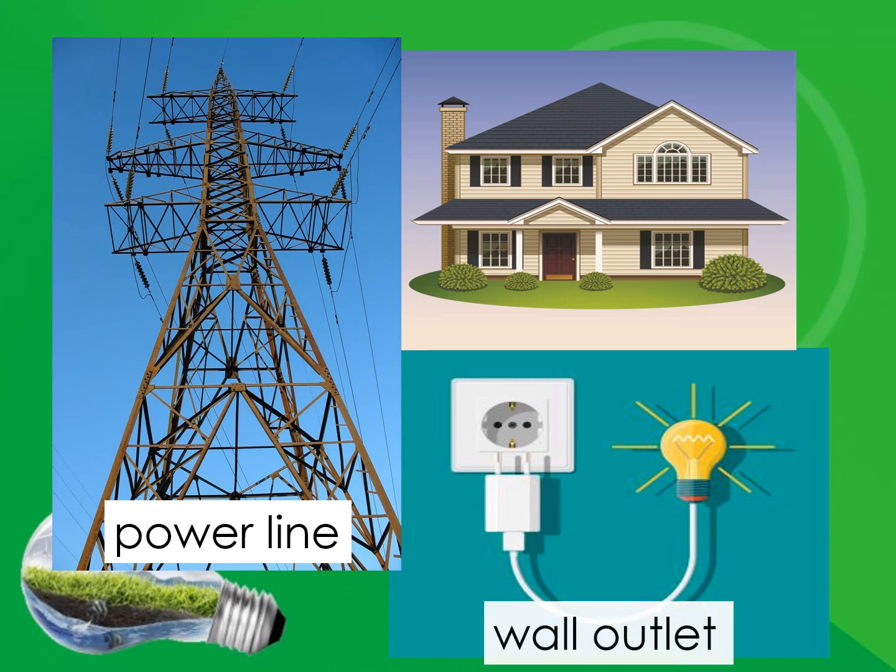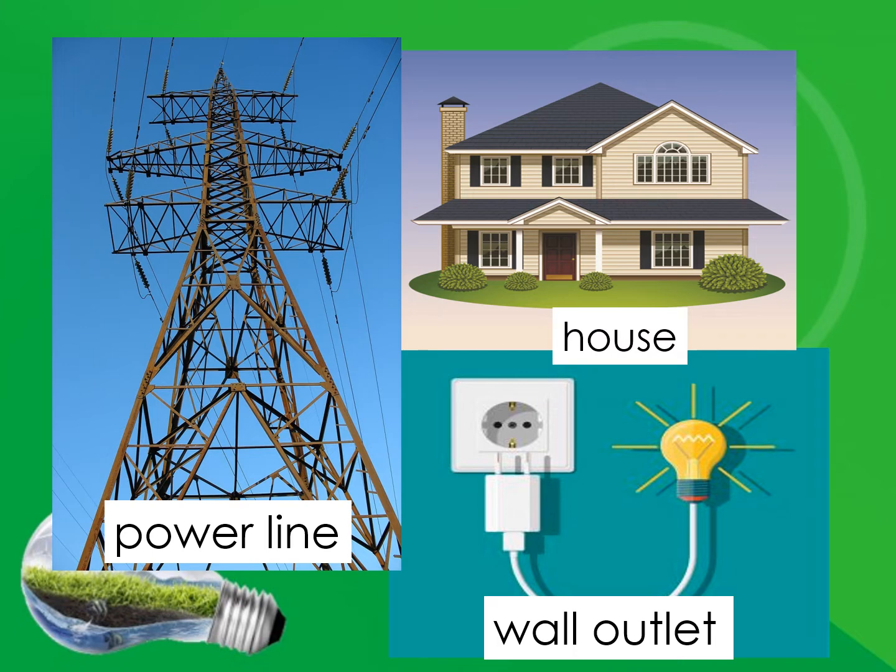How about this? You find this in your home. So we call this your wall outlet. So this wall outlet is also very important so that we can use electricity. And of course, we know this very well. This is a house.